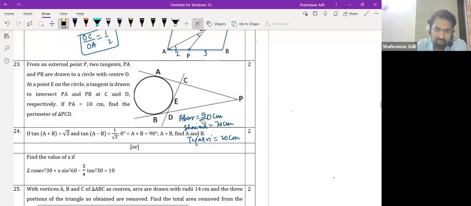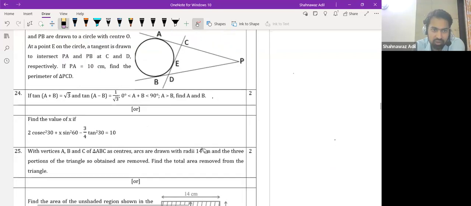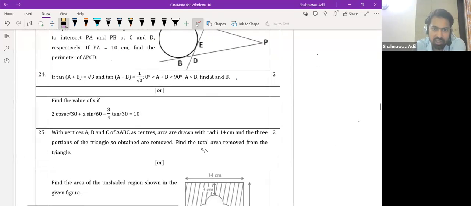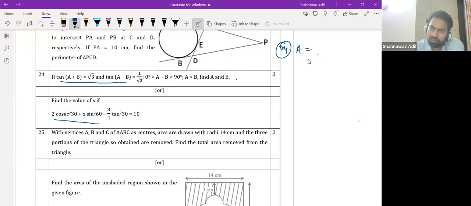You guys will not need my help in this question. So please do this 24th one, both the questions, this one and this one. First find out A and B in the 24th one. Yes, guys, please find out and tell me what you are getting.